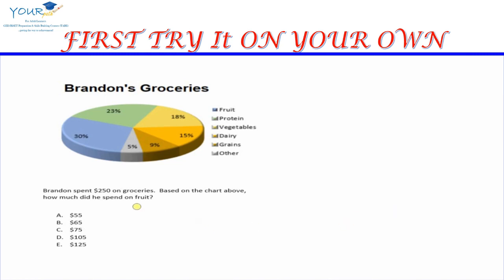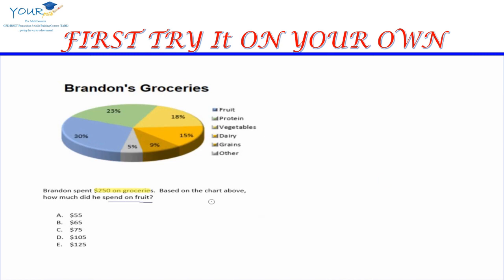We know that Brandon spent a total of $250 on groceries altogether, and the question is asking us to determine how much he spent on fruit. So we need to be concerned with the percentage spent on fruit in this chart. We know that Brandon spent 30% on fruit.